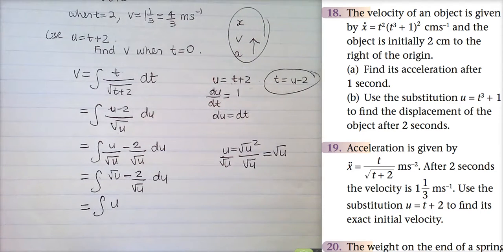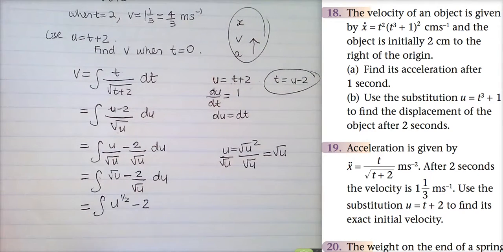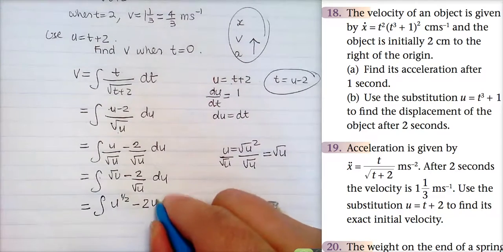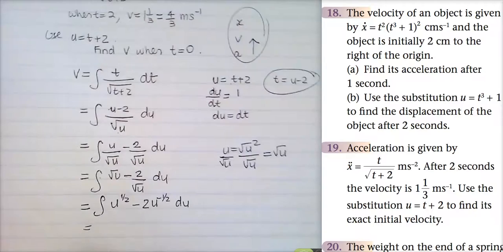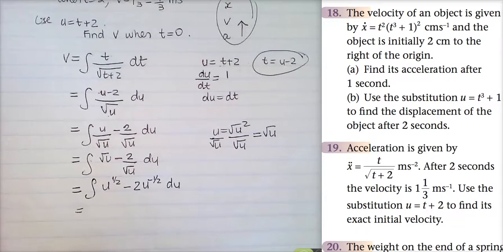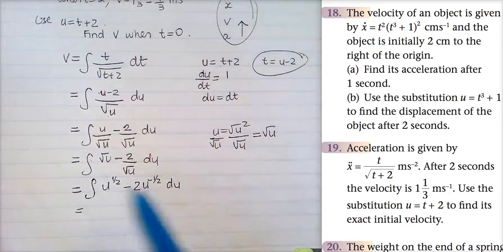I don't want square roots, I need indices. Minus 2 what? u to the negative a half du.